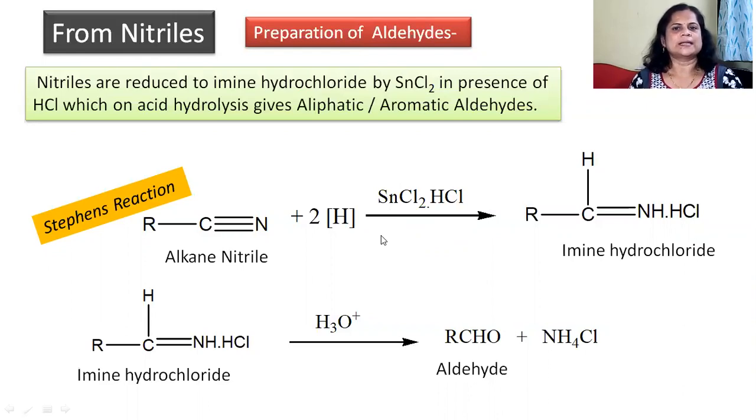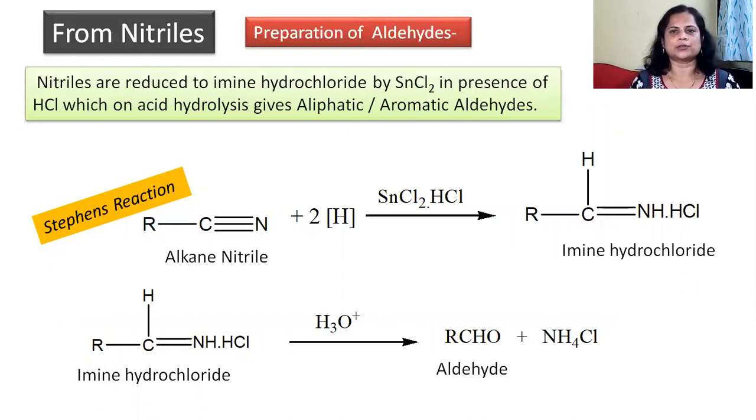By using stannous chloride and HCl, alkane nitriles undergo a reduction reaction and form imine hydrochloride. In the formation of imine hydrochloride from nitriles, nitriles contain C triple bond N, so in the imines they are converted into C double bond N. They form the imine hydrochloride, meaning C double bond NH and HCl from the stannous chloride and HCl.